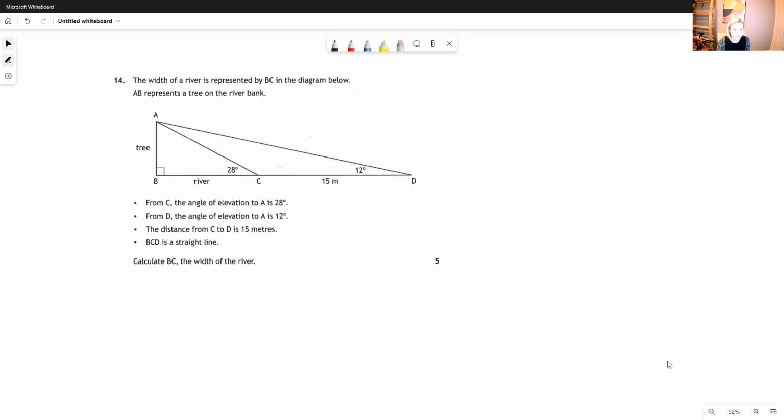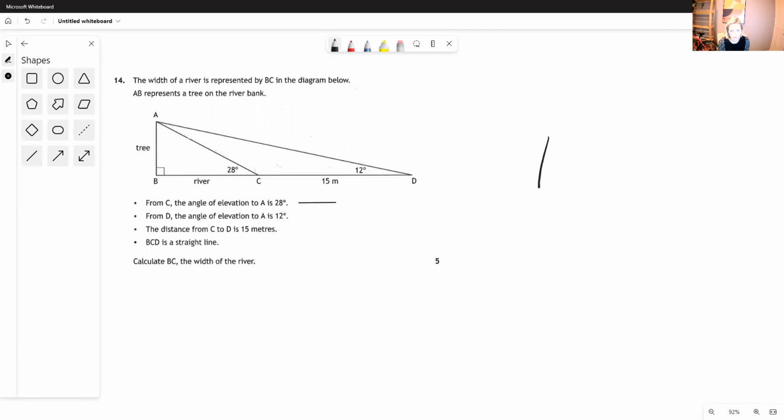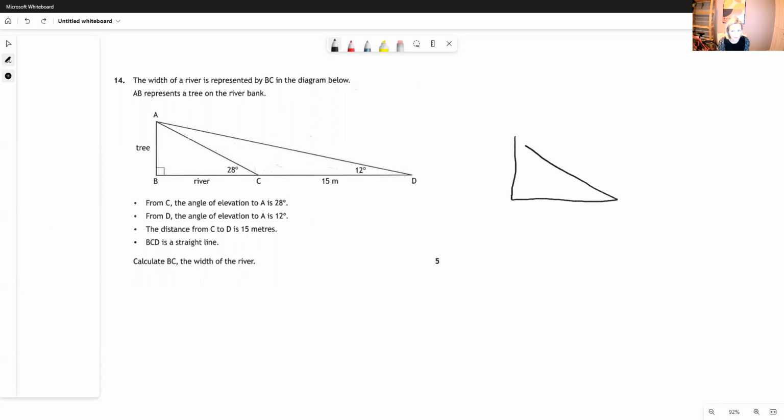Okay, so I'm looking at the first triangle, and my page is squint. Let's just do that.